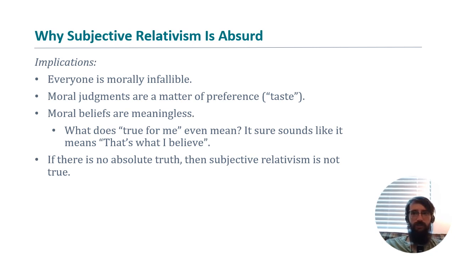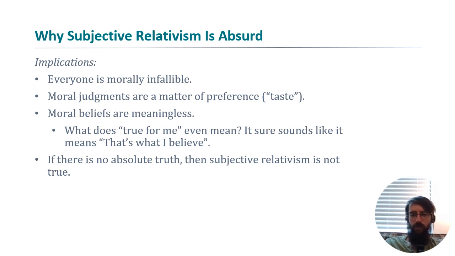According to subjective relativism, having that view, and living the kinds of lives that they lived, would be no better or worse than living the kind of life that, say, Martin Luther King lived, where the idea, according to Dr. King's view, was that people should be treated equally. So, according to subjective relativism, the moral view held by Dr. Martin Luther King, when compared to the moral view held by Jeffrey Dahmer, is sort of on a par with one another.